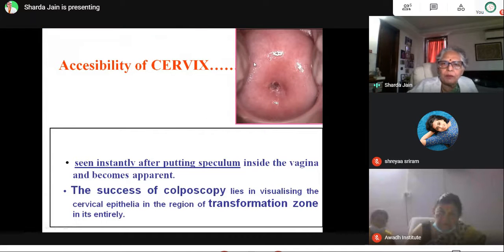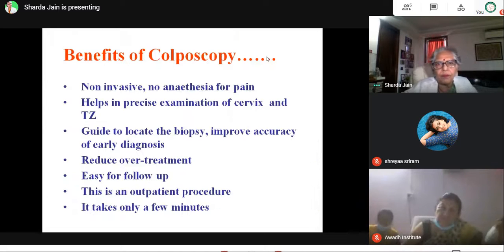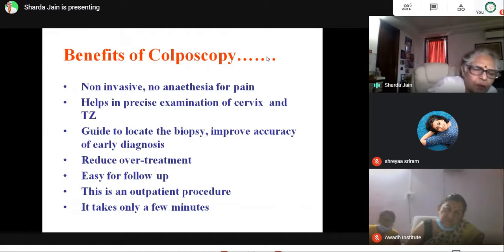Now, you put a speculum and you find the cervix. It is seen instantly when you put a speculum. So the success of colposcopy lies in visualizing the cervix and its transformation zone in entirety. What are the benefits of colposcopy? It is never done in the theater.